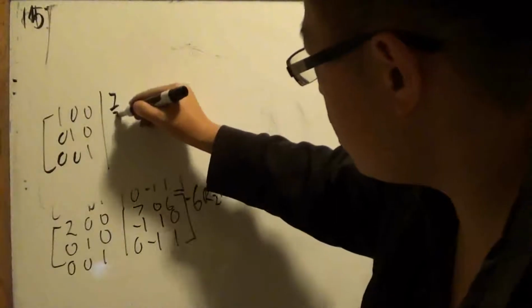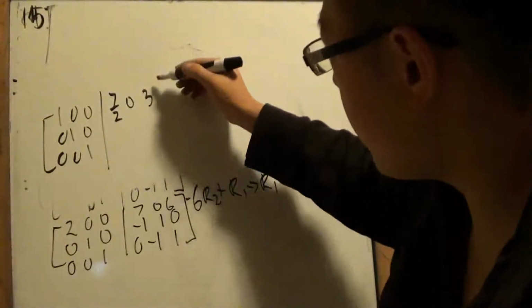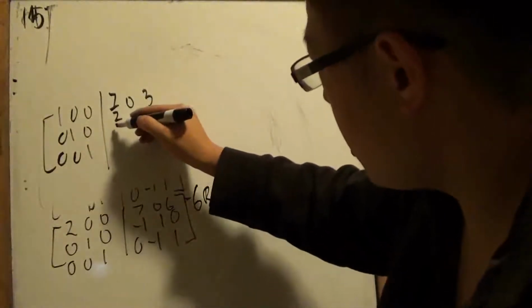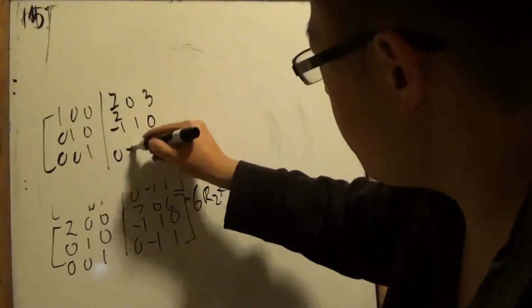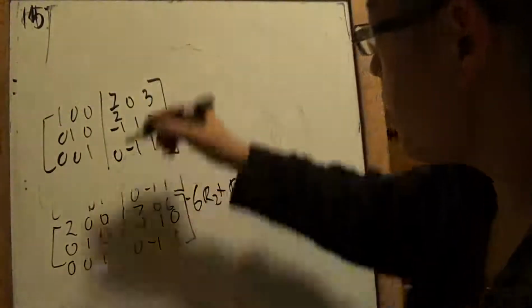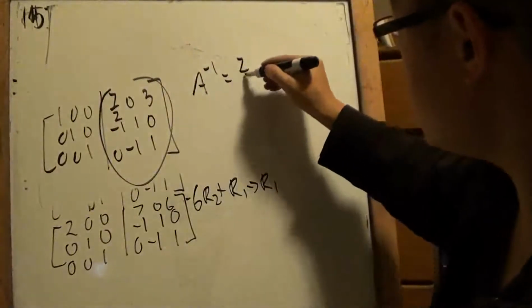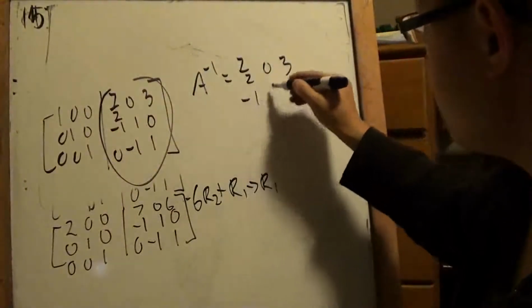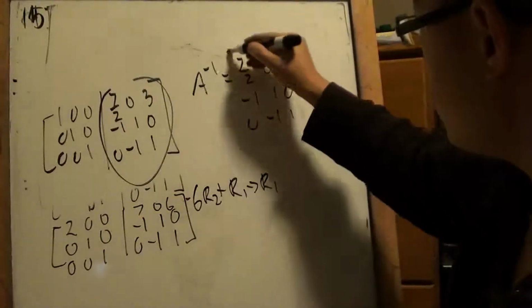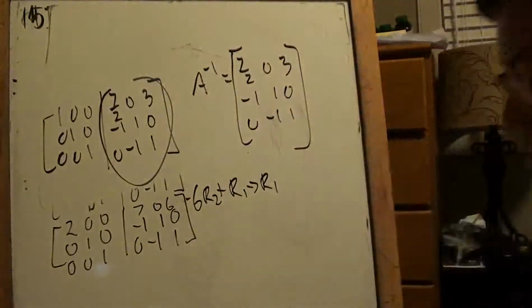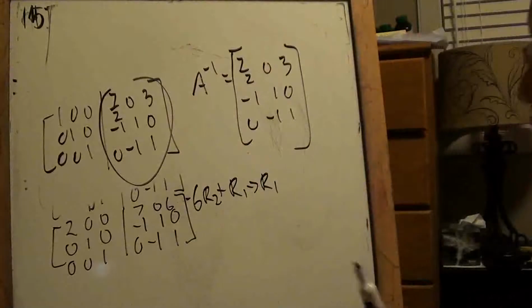That's going to be 7 0 2 0 3, because 6 divided by 2 is 3, right? And the rest of them stays the same. So that will be this. Okay, so that's all there is to it for 15.